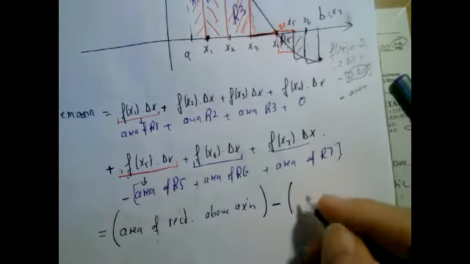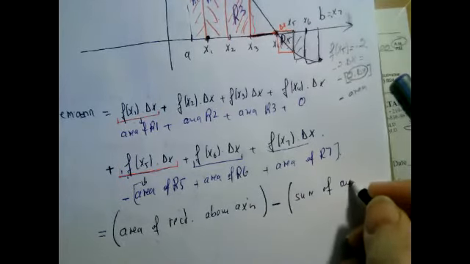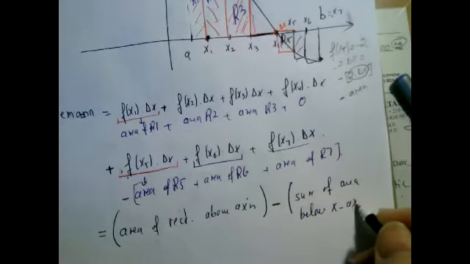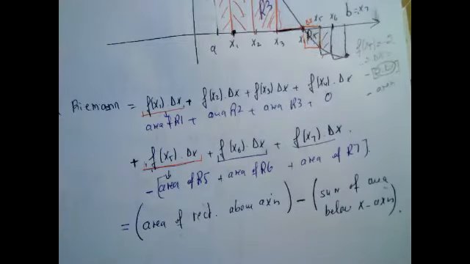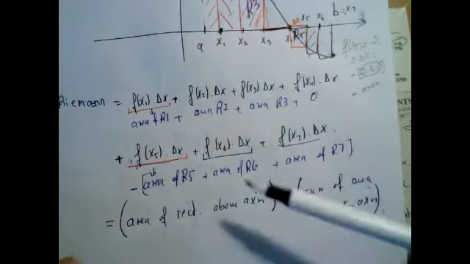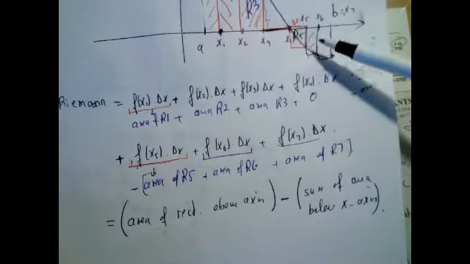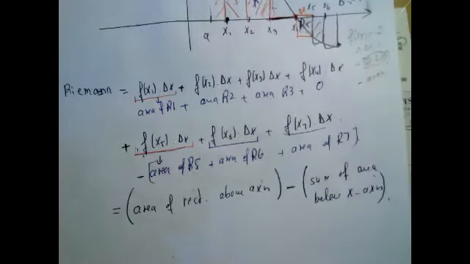So that's what the Riemann sum actually represents. The Riemann sum represents the sum of the area of the rectangles above minus the sum of the area of those below. That's what the Riemann sum represents.